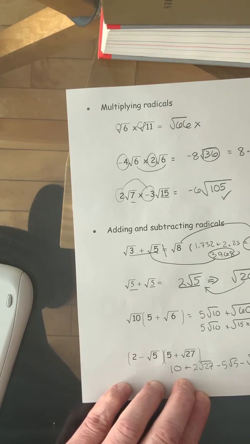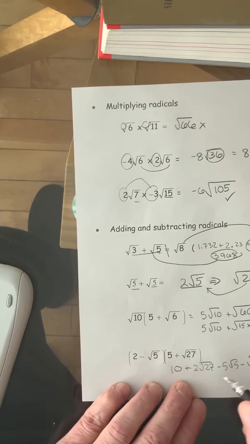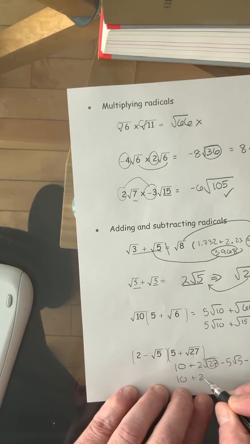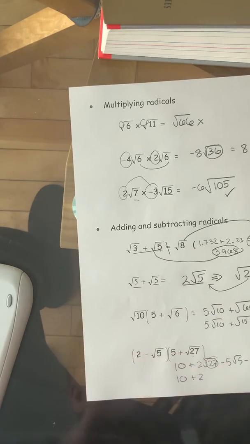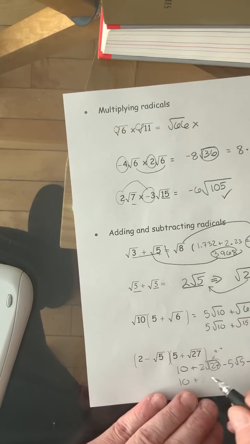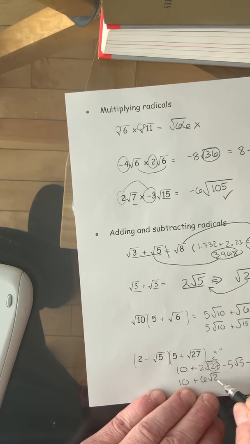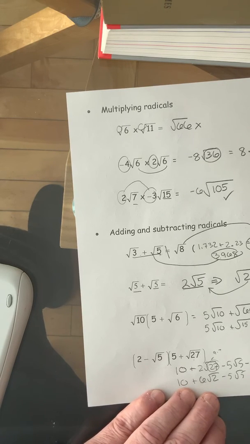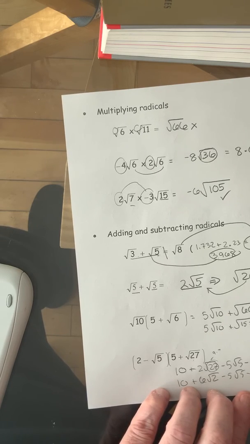Using a calculator, now I know that, so I have to simplify it. 27 is 9 times 3, so that's going to be 6 root 3. Root 135 is 15 times 9.